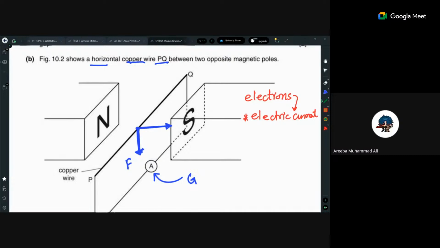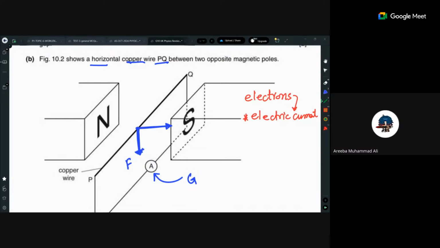If my thumb is going upwards right now, the answer should be downwards since it's electronic flow. Actually, are you pointing your thumb downwards or upwards? I'm pointing it upwards. Because force is downward, you have to point your thumb in the downward direction.